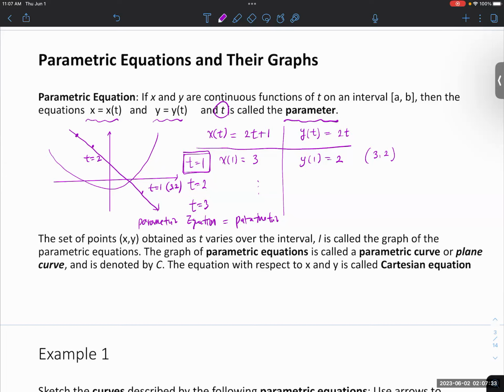Over time, the x and y functions change. If you find that graph, that's what we call a parametric equation. Depending on the shape, it could be a parametric curve or plane, in 2 and 3 dimensional space. Also, depending on the textbook, we sometimes call the parametric equation a Cartesian equation as well.